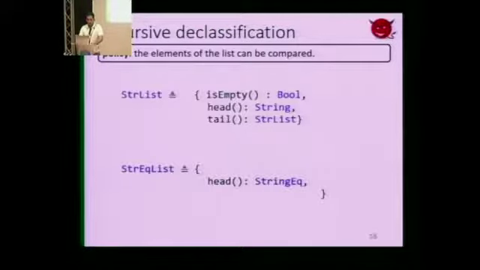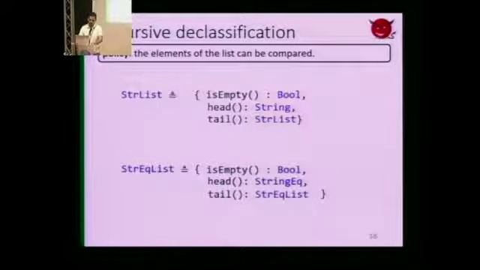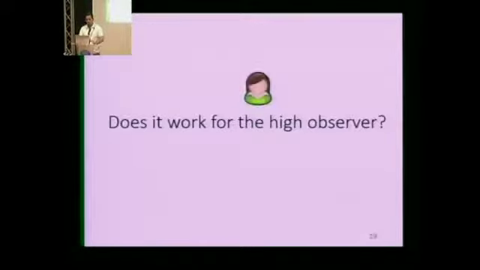We can do that by abstracting the head of the list to the previous policy, which was a string equal. And we also need to include operations to traverse the list, and especially the tail of the list is going to have the same policy as the whole list. So, from the perspective of the low server, the idea works.